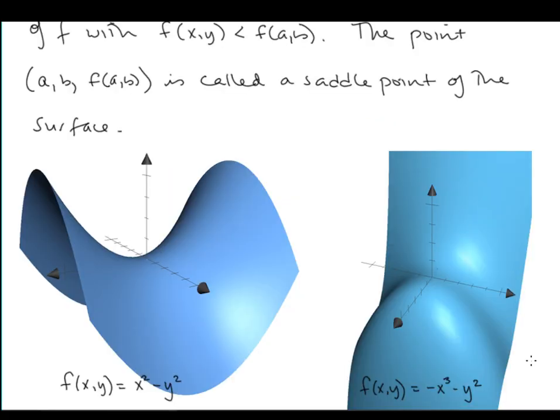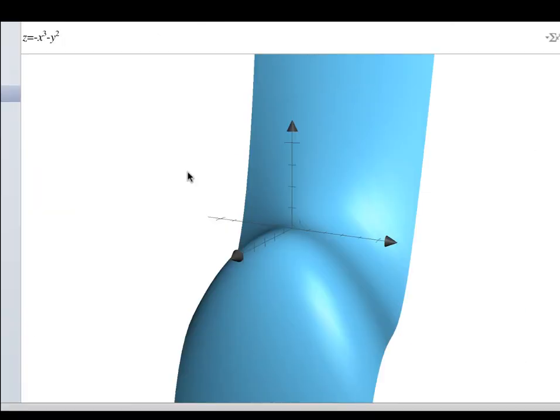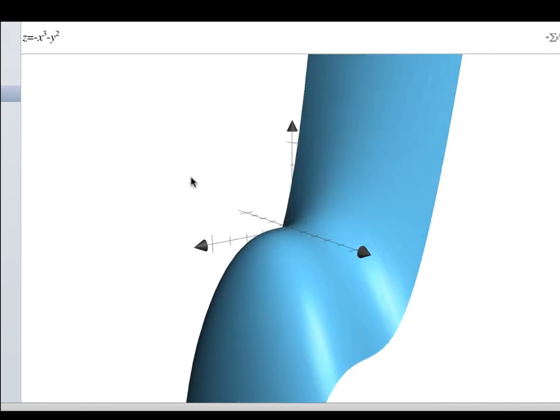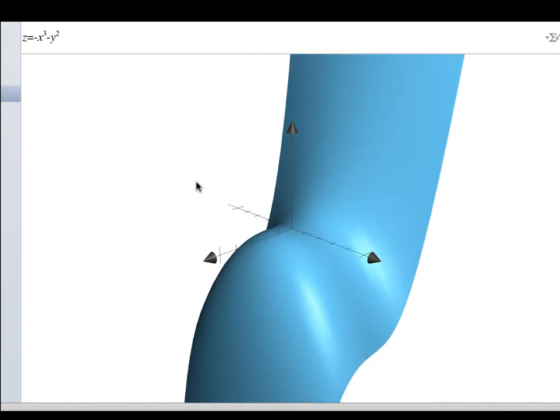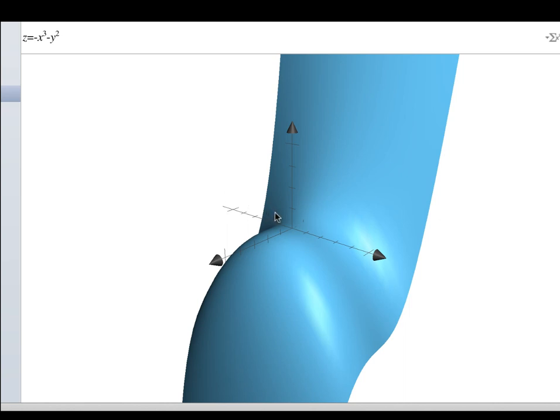But let's take a look also at f(x, y) equals negative x to the third minus y squared. It doesn't have exactly that same saddle shape that we've seen before, but let's see that it does satisfy the definition of having a saddle point at (0, 0).